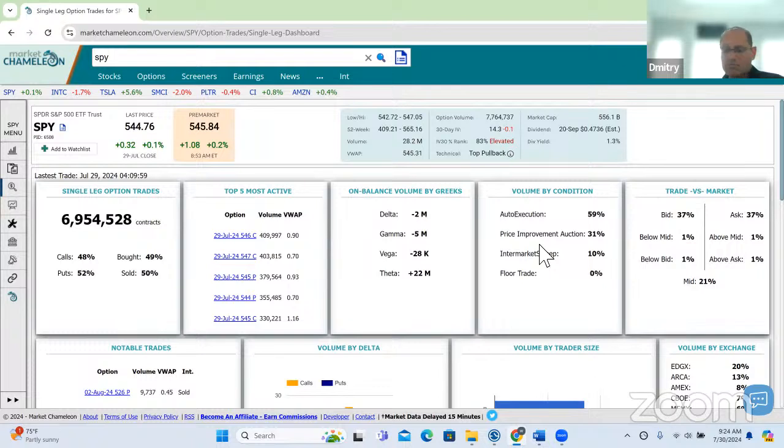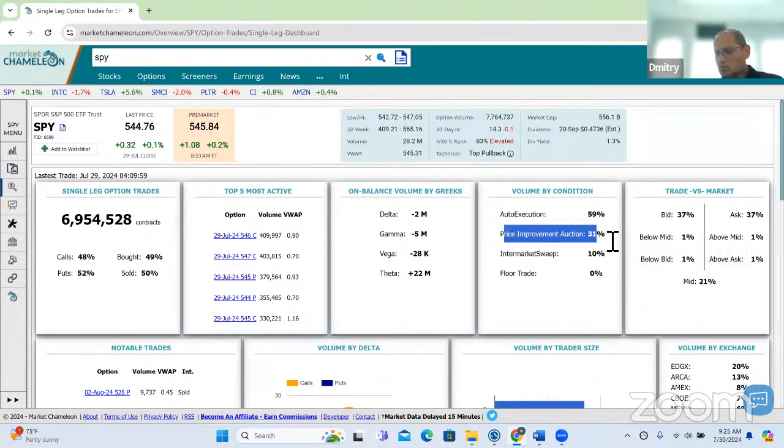Maybe you don't get a price improvement, but what it does is try to create more competition so that the incoming order may receive a better execution. Sometimes it might happen to you. If you've ever entered a trade to buy at a certain price, and then all of a sudden, oh wow, I was willing to buy for $1.10 but I ended up buying it for $1.08. So I got a price improvement, right? You did better, you saved money.